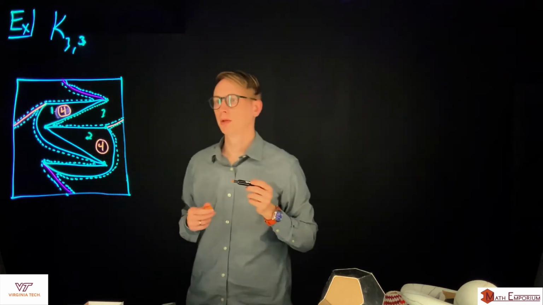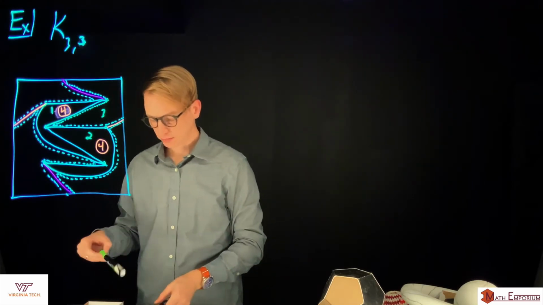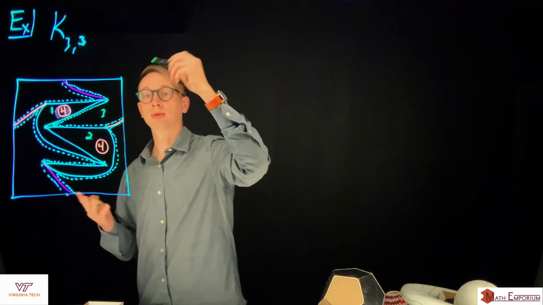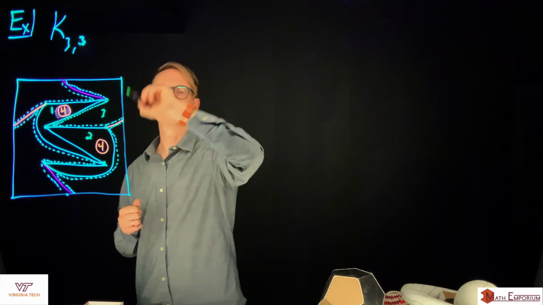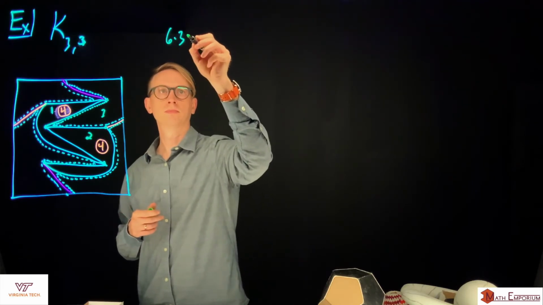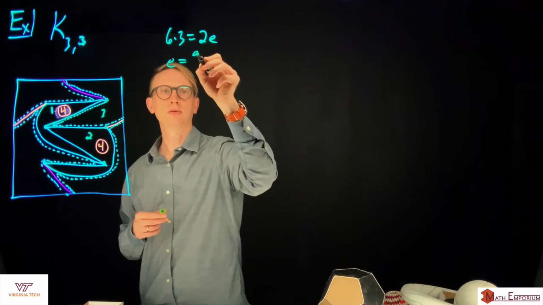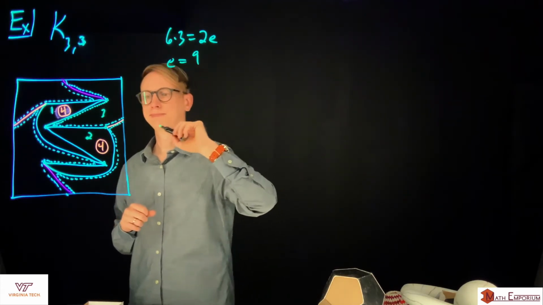Cool. All right, let's see what this face number 3 degree would have to be. We know that K3,3 has a certain number of edges, right? The sum of degrees, there's 6 vertices, all degree 3. It's 18, so it looks like E equals 9. But the 2E is really important, right? 2E is 18.